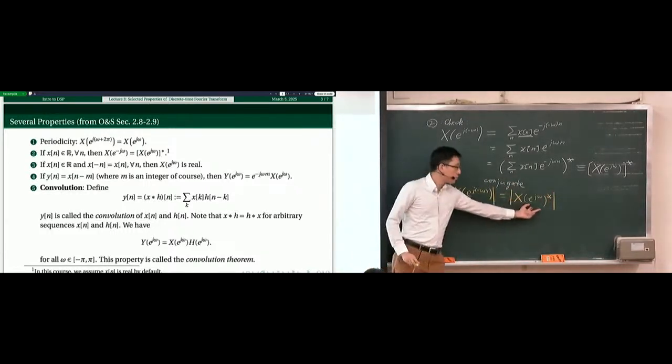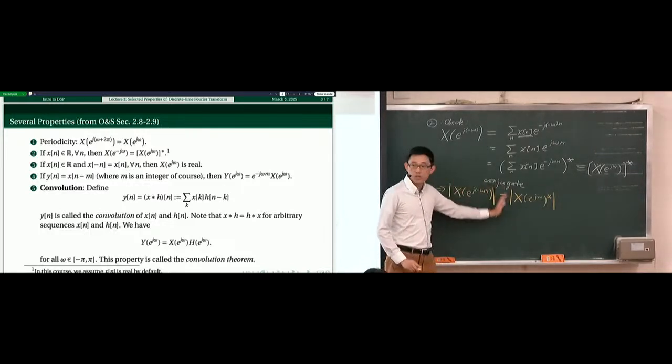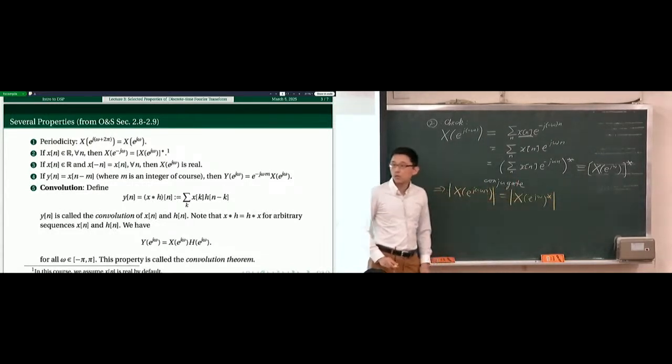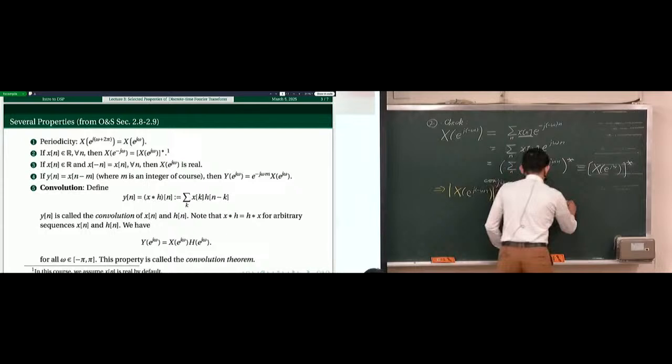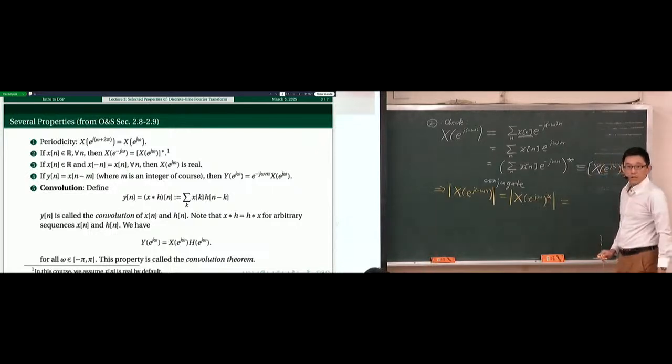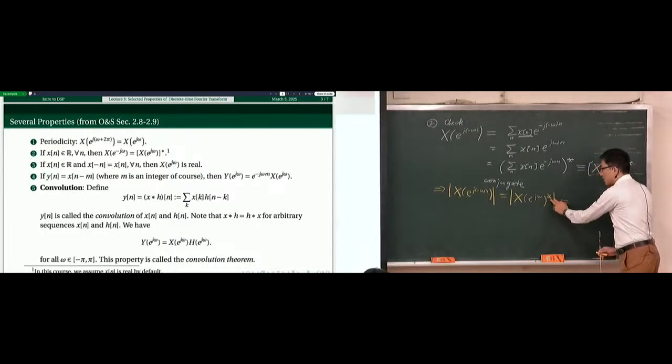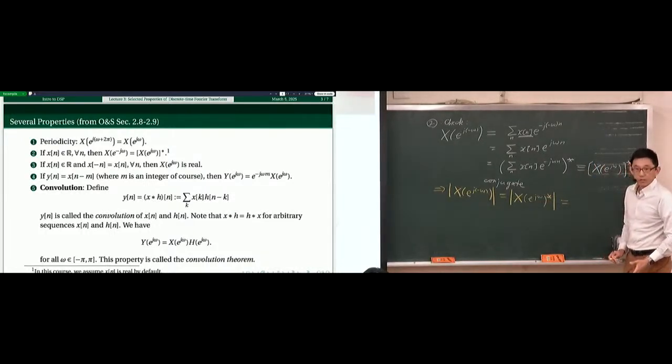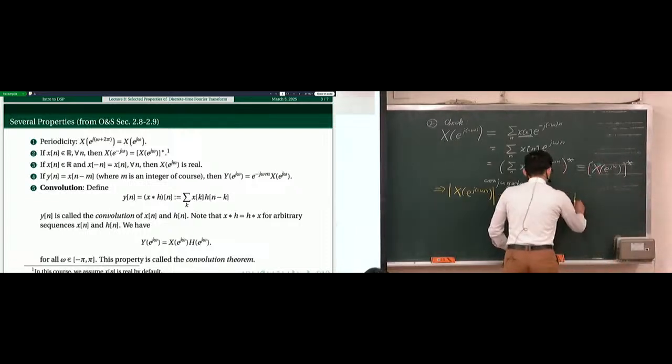What's here is equal to what's here. We're just taking the magnitude, taking the absolute value. But then, what's the absolute value of the complex conjugate of any complex number? It's the same, right? The absolute value of a complex conjugate of any complex number remains the same.